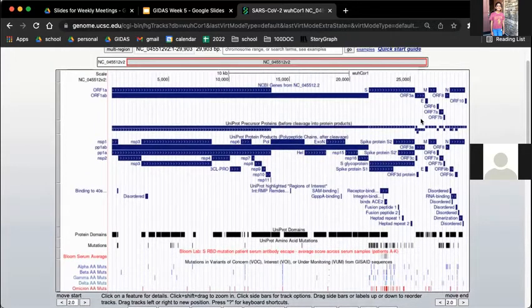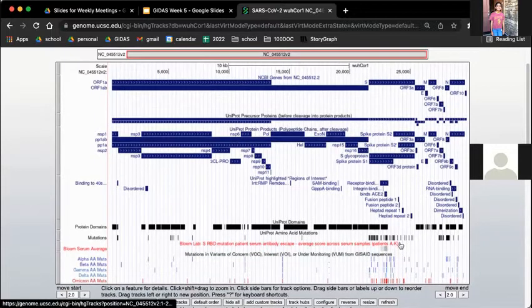You can see different mutations, proteins, receptors, everything that's on whatever you're looking at. So in this case, on the bottom, you can see the different mutations. You can see Omicron, Alpha, Delta, and then you can see specifically what proteins are in them.